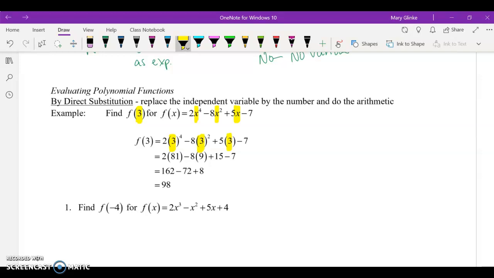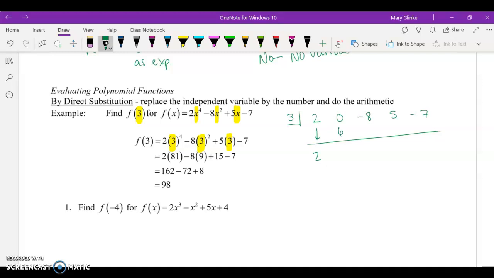There is another option. You could use something called synthetic substitution. To use synthetic substitution, you would put whatever you're plugging in up in the box. You would then do your coefficients, so 2, 0, -8, 5, and -7, again making sure that I have 0 for placeholders.